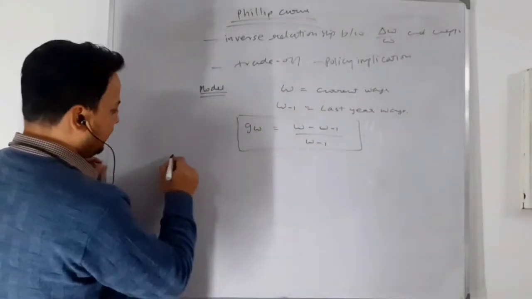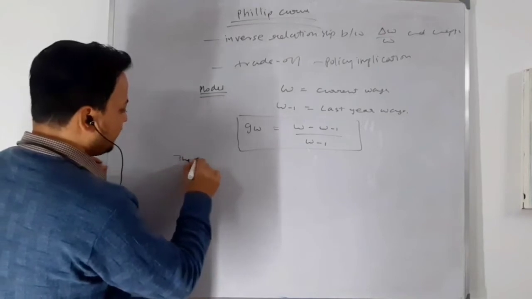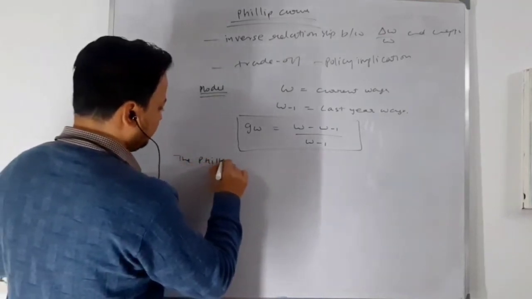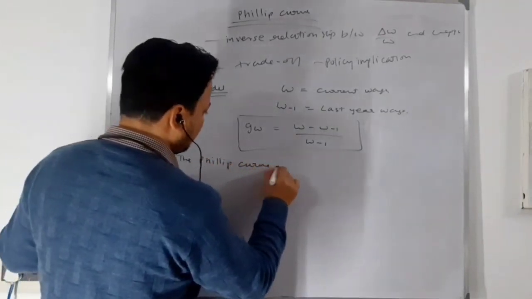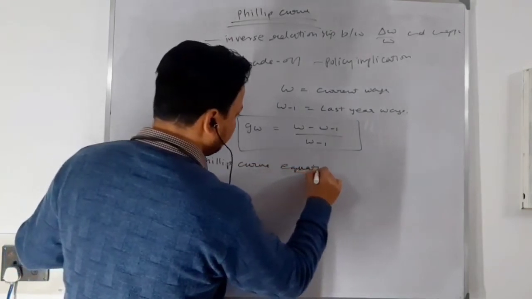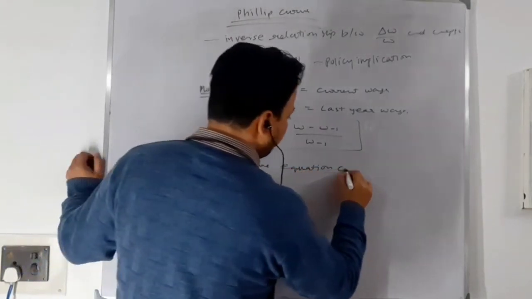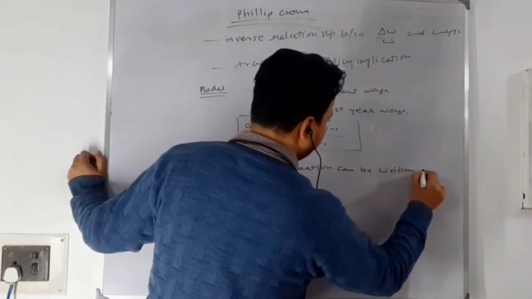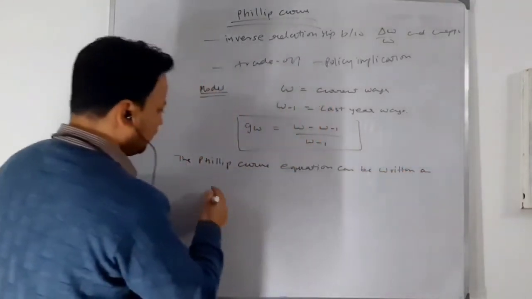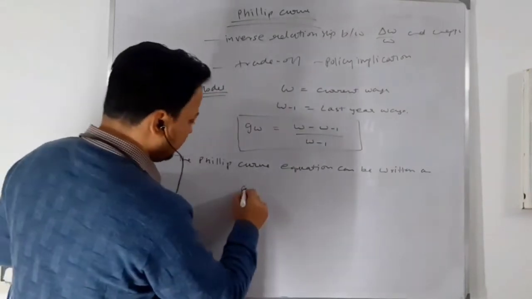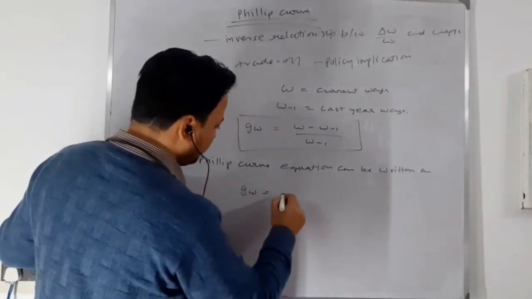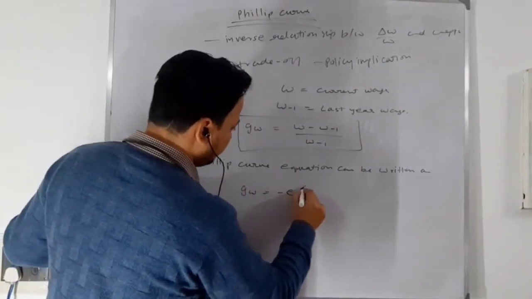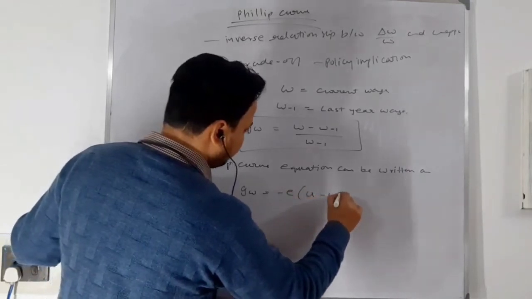I will be explaining it all. The Phillips curve equation can be written as, since the Phillips curve is also talking about wage inflation, gW equals minus epsilon times U minus U star.